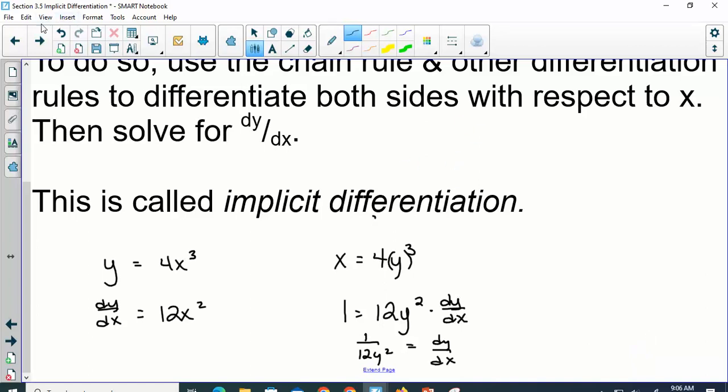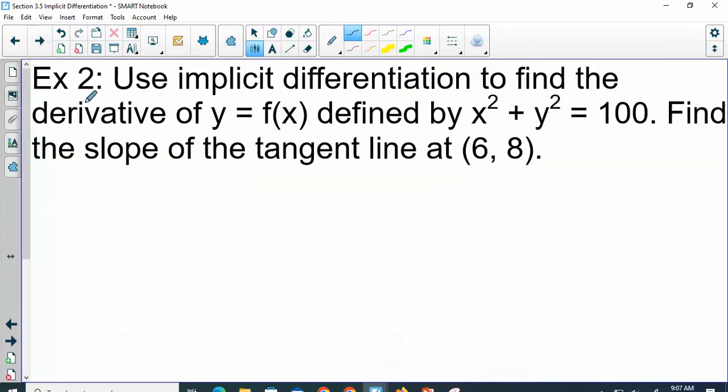So let's look at one. All right, let's do implicit differentiation to find the derivative of x squared plus y squared equals 100. So derivative of x squared plus derivative of y squared, 2y, but we did the derivative of a y.